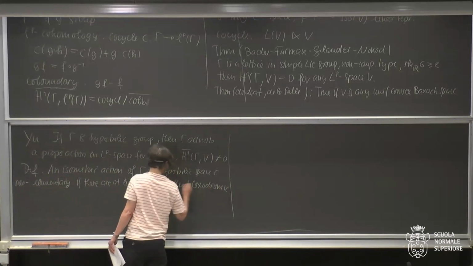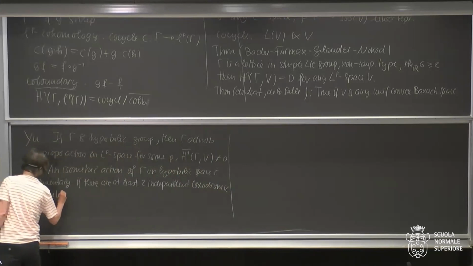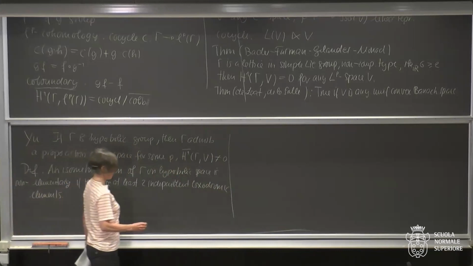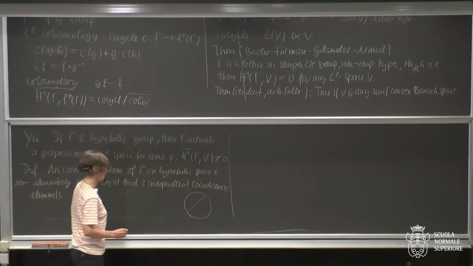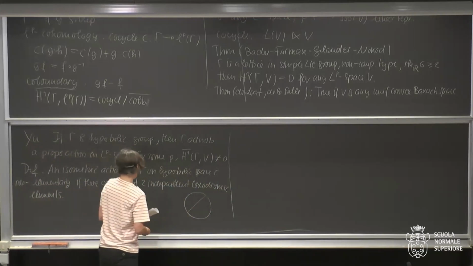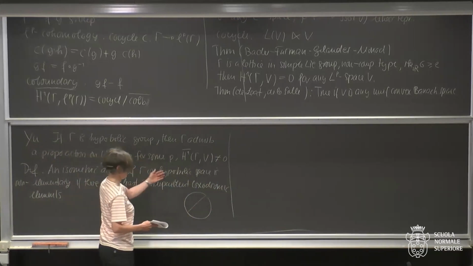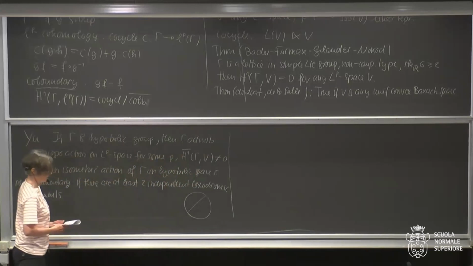And I will tell you what that is. So what does this mean? It means that the group acts on, and the loxodromic element will be the one which preserves a quasi-geodesic. So at the moment, I'm not assuming anything about my hyperbolic space here. It doesn't have to be proper, meaning locally compact.